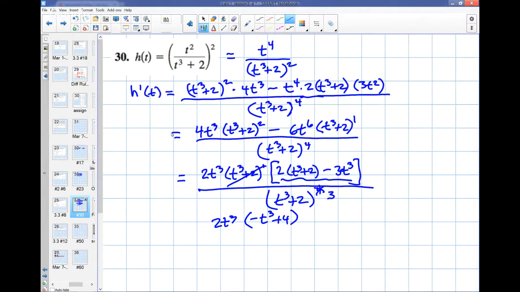That's not very clear. Okay, times that all over t cubed plus 2 to the third.